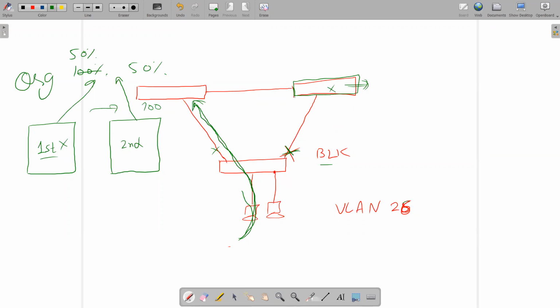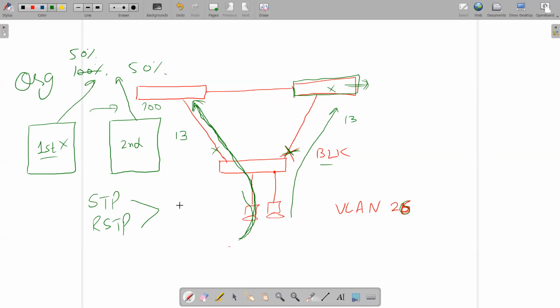If I have 26 VLANs, the traffic of 13 VLANs should use this path, and the remaining 13 VLANs should use this path. I want to perform load balancing, but this cannot happen by using STP and RSTP.